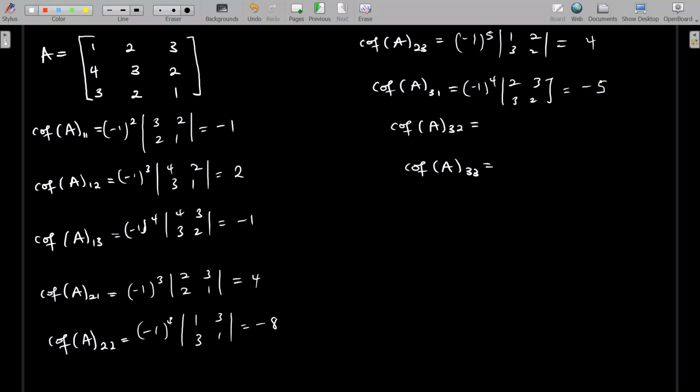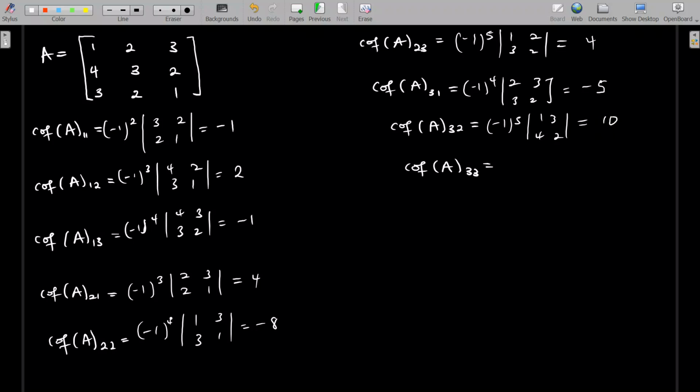If you go ahead and do the same thing for cofactor 3 2, you cancel row 3 and then column 2, and you'll be left with 1 3 4 2, right? So negative 1 to the 5th power times the determinant of 1 3 4 2. Negative 1 to the 5th power is negative 1, and 2 minus 12 is negative 10, so times negative 1 is 10.